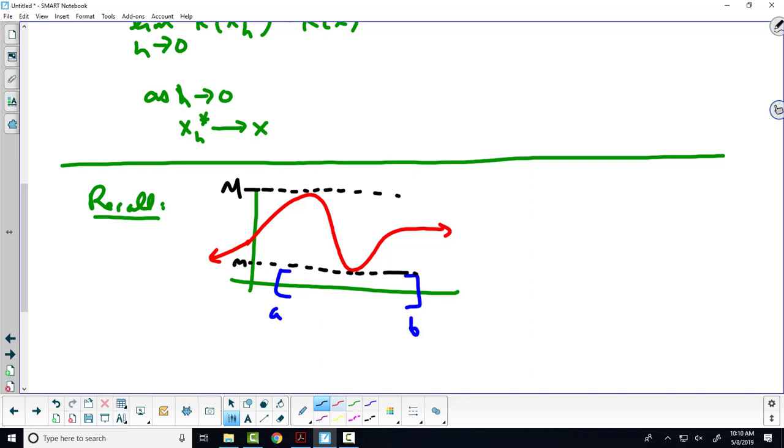Okay? And we gave a nifty little theorem about a week and a half back where we said, well, little m times (b minus a) is going to be less than or equal to the area underneath the curve, which is going to be less than or equal to capital M times (b minus a).